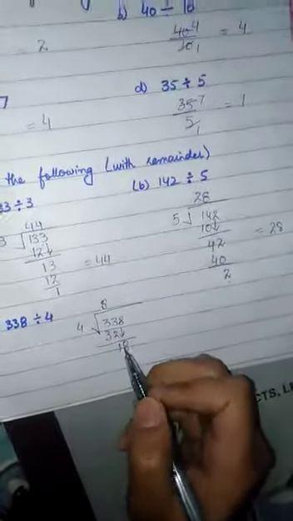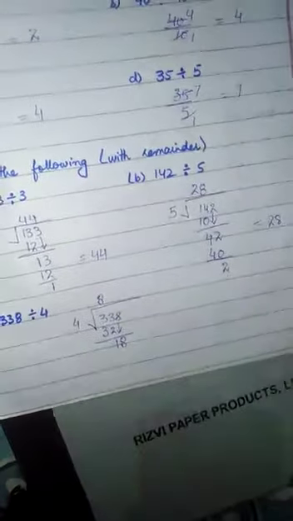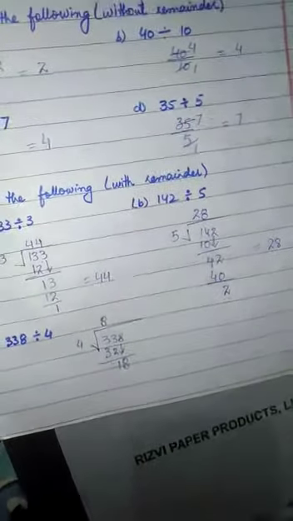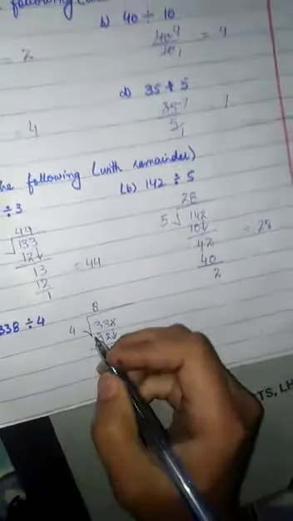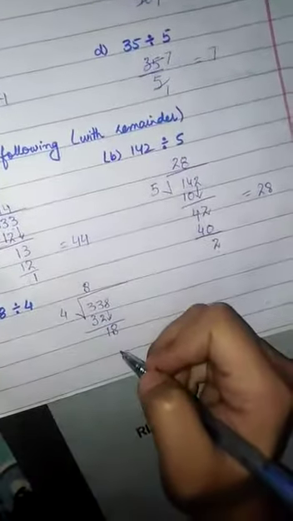So 18. Then we have to count the table of 4: 4 times 1 equals 4, 4 times 2 equals 8, 4 times 3 equals 12. So 4 times 4 equals 16.